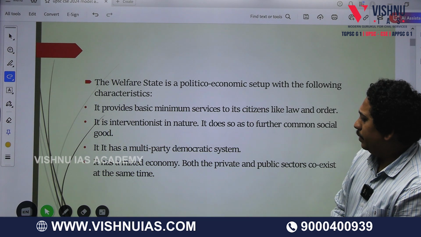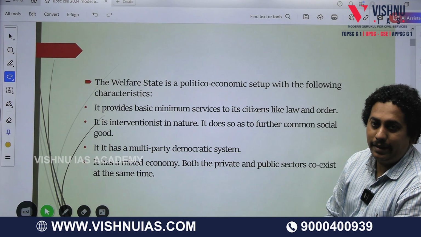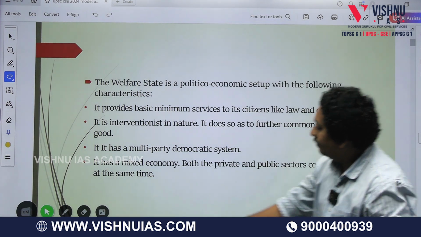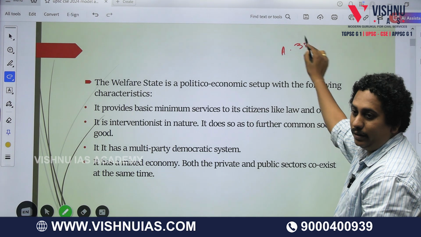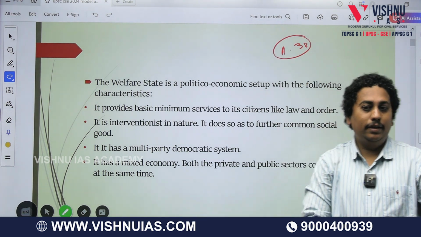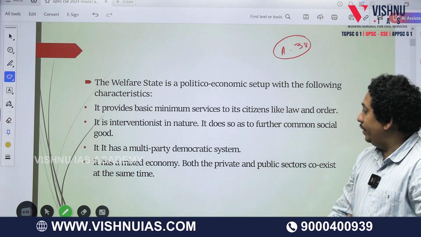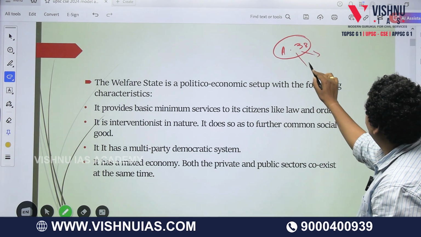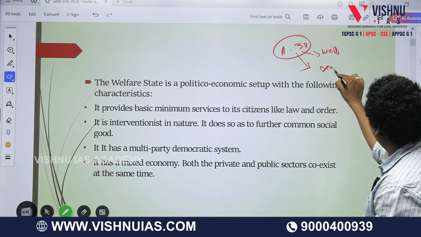Slightly, I want you to connect it with something like the welfare state. Where is it mentioned in Indian polity, the welfare state? Article 38 speaks about the concept of the welfare state. There are two components of economy: one is called welfare, another is called development.